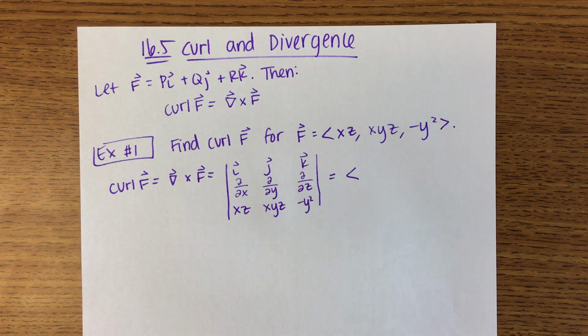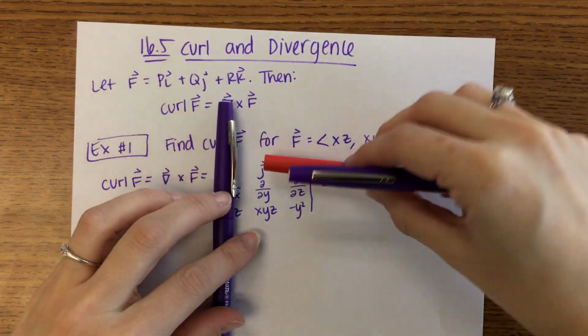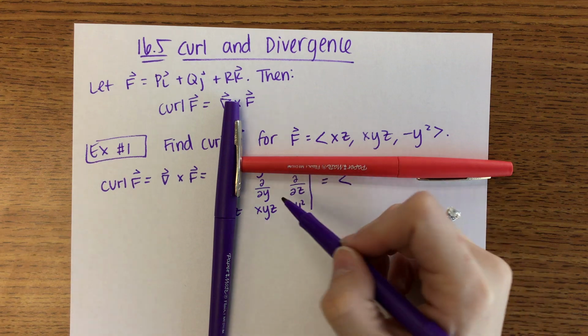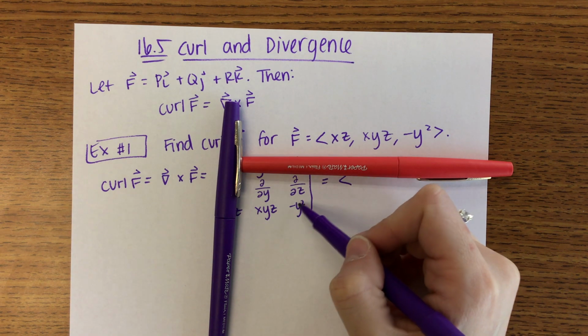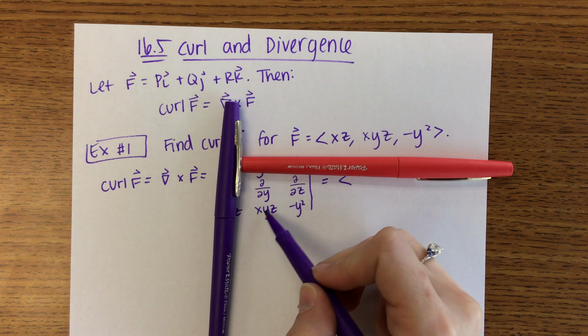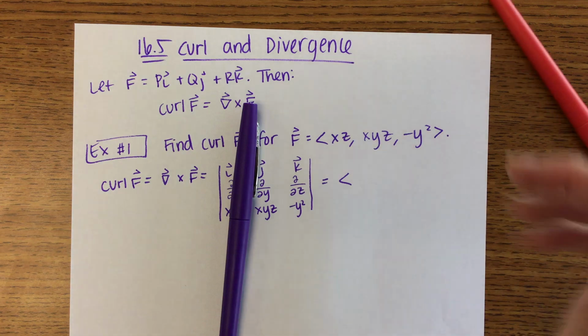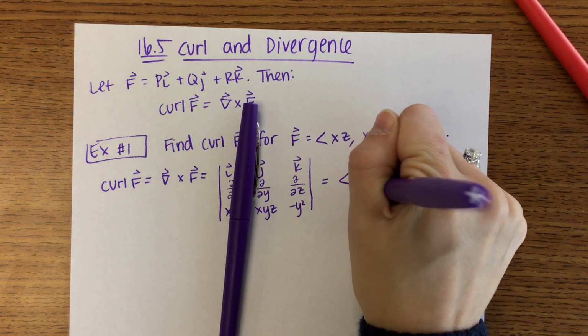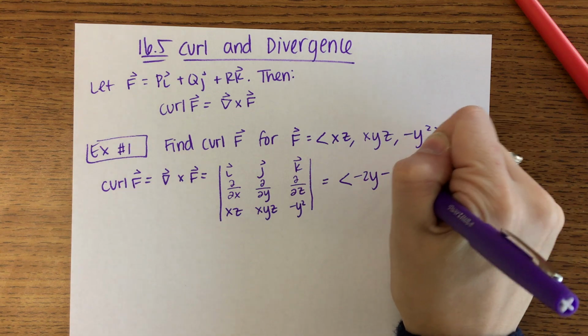Okay, so we're going to ignore this row and this column. You take the partial with respect to y of this function, partial with respect to z of that function, and you subtract them. So it'll be negative 2y minus partial with respect to z, so that's xy.